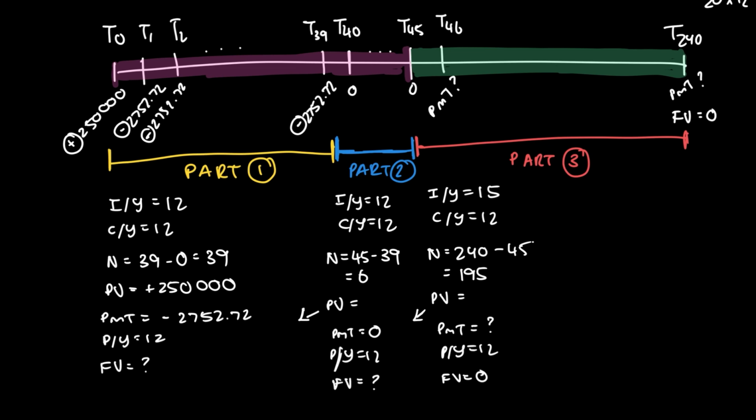We are going to get, for the first one, a future value of, and let's put this in a bright color quick. Here we go, of 238,017.98. And it's going to come out negative on your calculator.